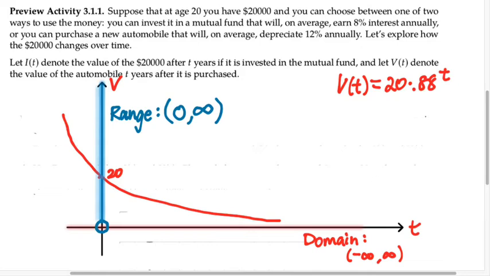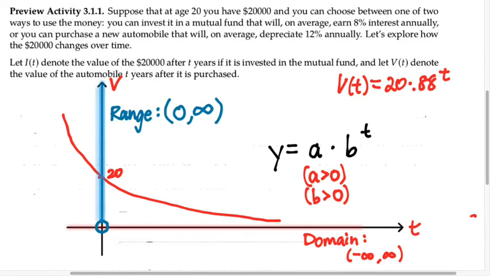And that is common to all exponential functions that have the form y equals a times b to the t. As long as our value starts positive, so I'm going to stipulate here that a starts off positive, it's going to remain positive as long as I'm multiplying it. And by the way, we're also going to require that b be positive.